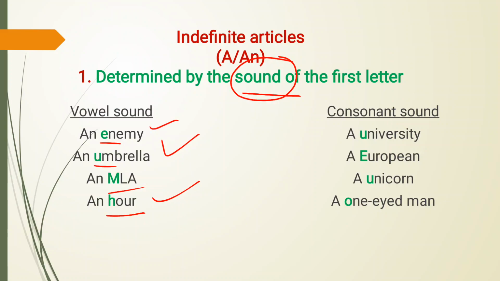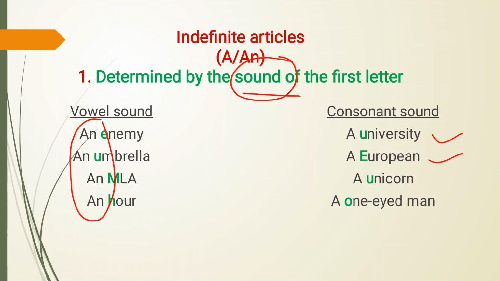The first word begins with a vowel, the second word begins with a vowel, but the third and fourth words do not begin with a vowel. And still we have used the article an. But when we look at this side, all these words begin with a vowel, but we have used a here. Now, what is the difference?